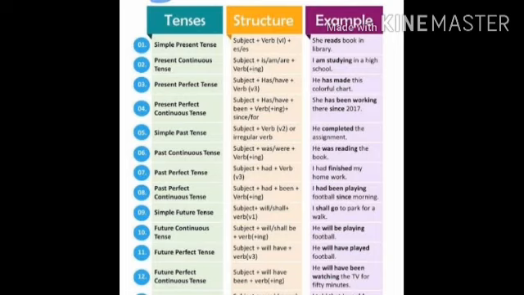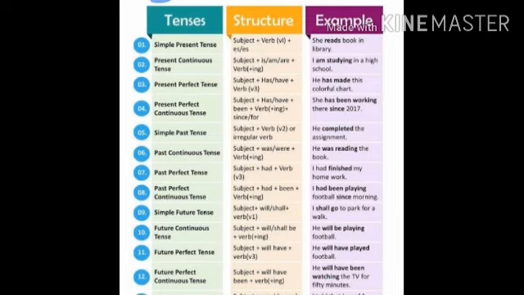As you can see in the example, students, she reads book in library. So we use reads, s with first form of verb. So she is subject in this sentence, and reads is verb, and book is object in this sentence.